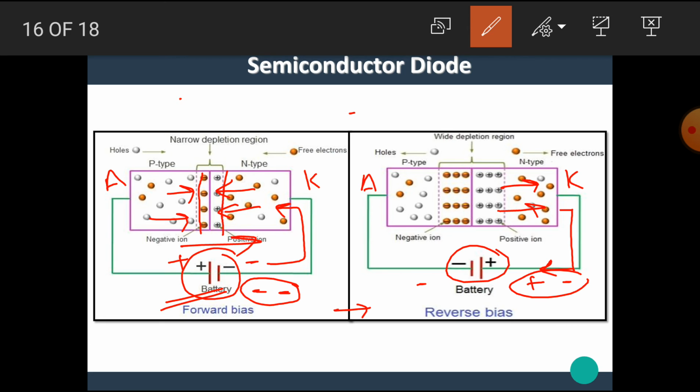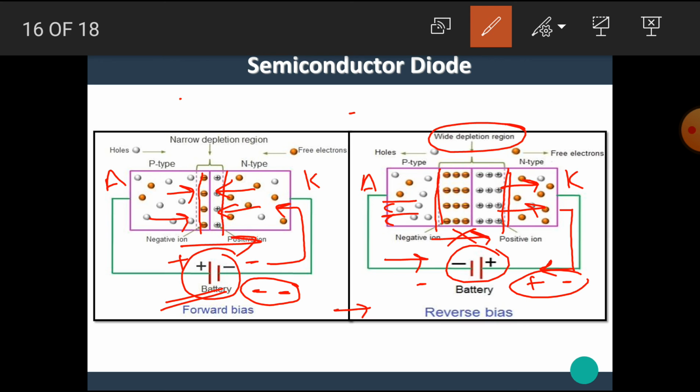Similarly, the holes are attracted towards the negative terminal of the battery. That means holes and electrons both go away from the junction. This causes the width of the depletion layer to increase. Due to this increase in the depletion layer width, the current cannot flow through the circuit.